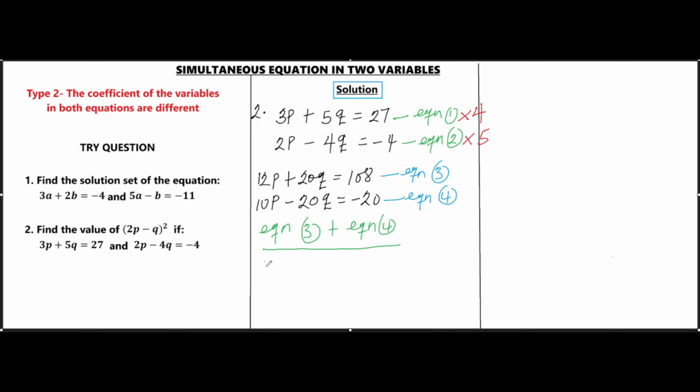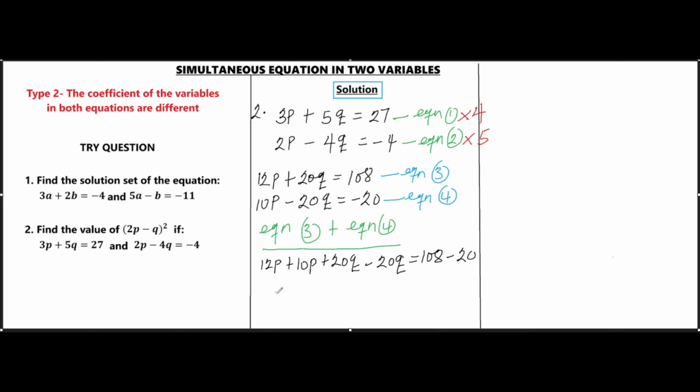So let's begin with the p. We have 12p plus 10p. That is for the p part. And then for q, we have 20q plus minus 20q, and this should be equal to 108 plus minus 20, which is the same as 108 minus 20.